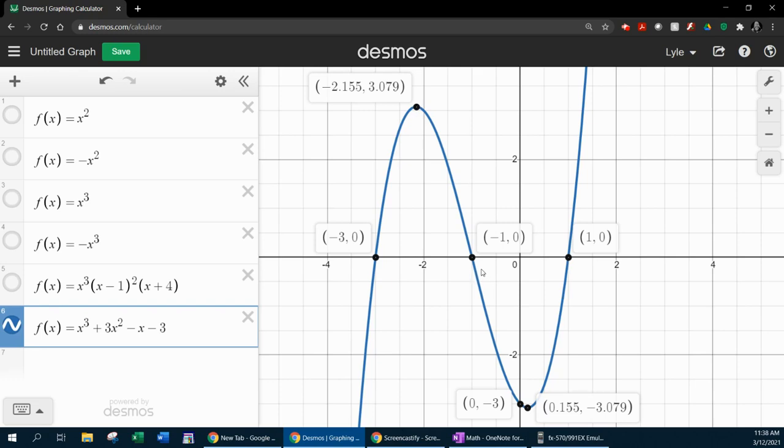There is also a point in here where this graph goes from being concave down to concave up. Notice this graph is cupped down here. It makes an upside down cup, but over here it's cupped up.